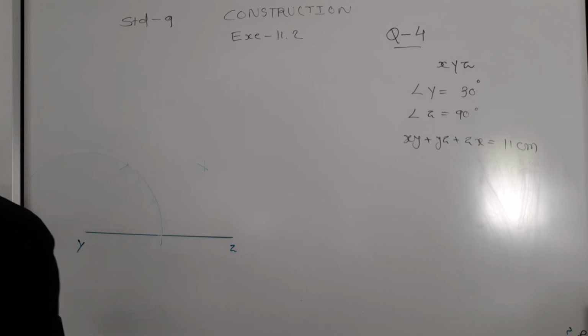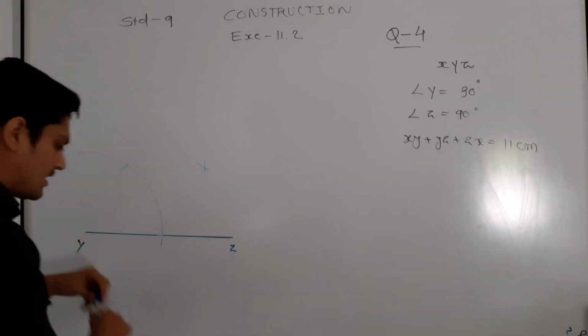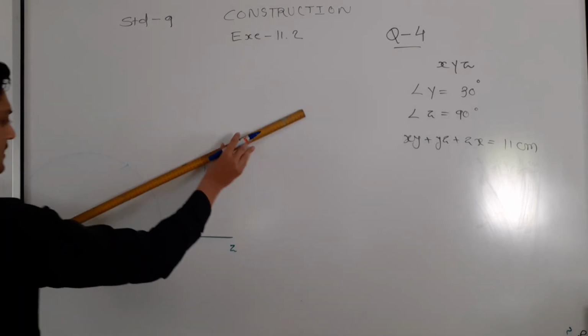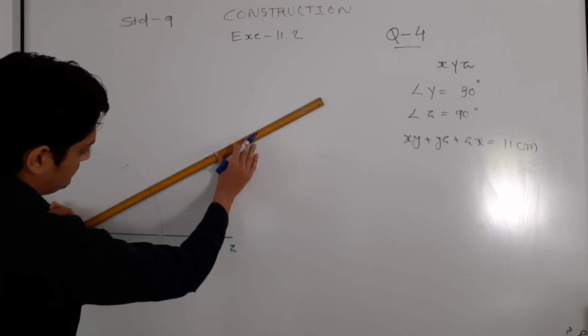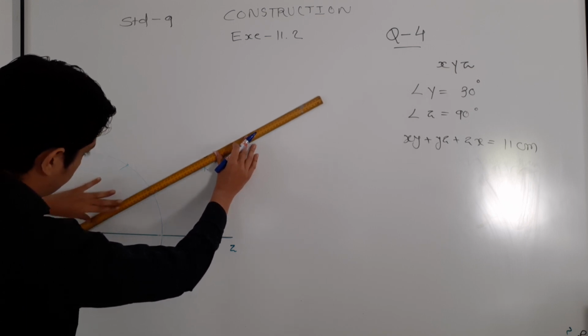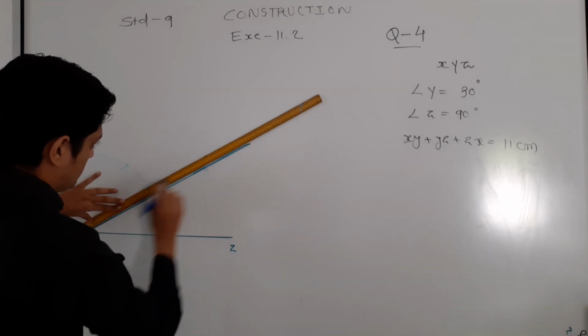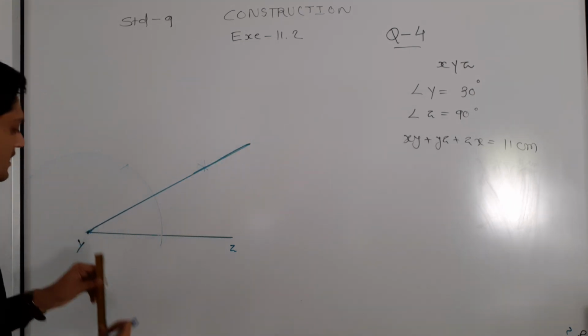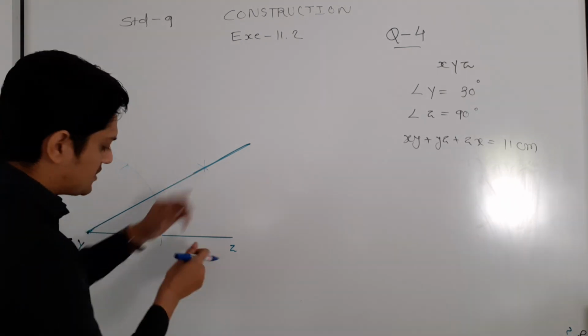That is 30 degree, so this is our 30 degree angle. Now we have to construct 90 degrees.